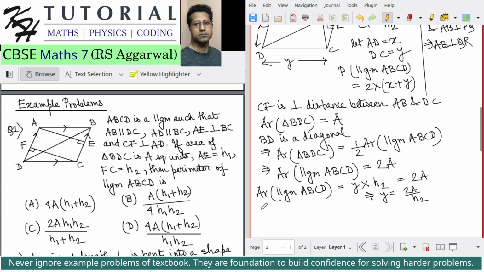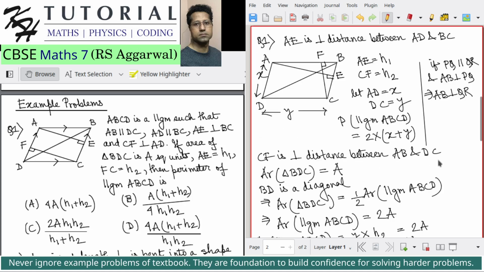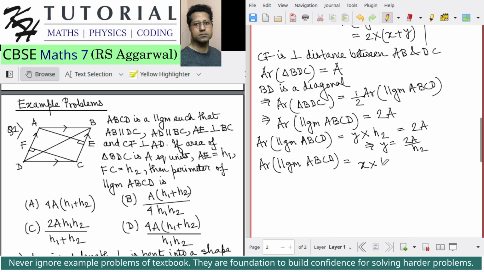Similarly, considering the other pair of opposite parallel sides as the base, the area of parallelogram ABCD will also be x multiplied by the perpendicular distance between AD and BC, which is AE, that is H1.